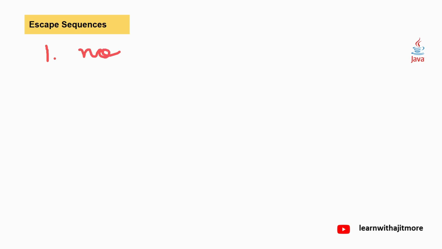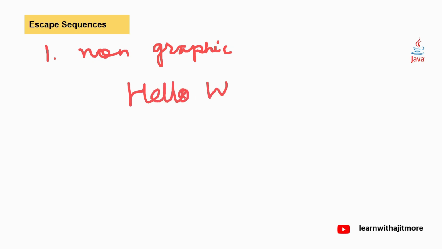Getting? Non-graphical characters. Means such characters which can be seen on the screen are called graphical characters, like A, B, C, 0, 1, 2, plus, minus, brackets, all are visible. Therefore, they are graphical characters. But there are some characters which are non-graphical, like new line. Like you have typed hello and you want to tell that after this word, the next word is going to come on the next line. Okay, so you'll put a backslash n. So you don't see this backslash n on the screen.